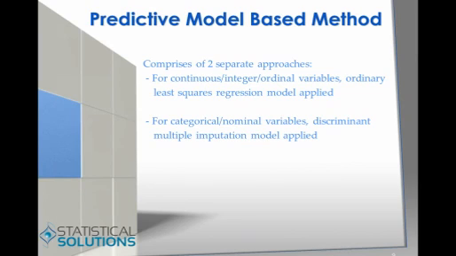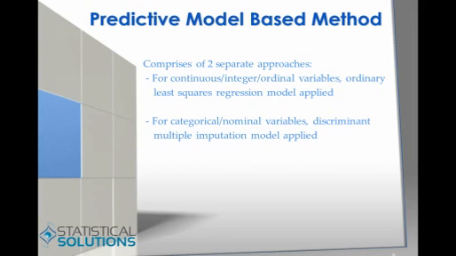At the top level, you have to look at what kind of variables you're dealing with and what approach to take. If you have a continuous or ordinal variable, you use an ordinary least squares regression model. If you have a nominal or categorical variable, then a discriminant multiple imputation model is applied.